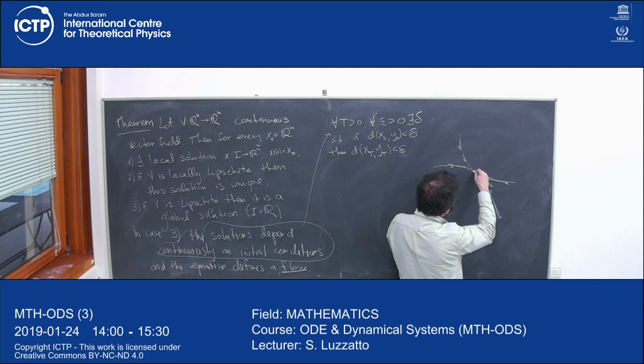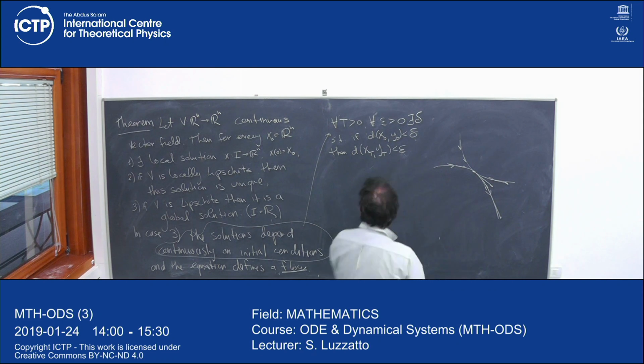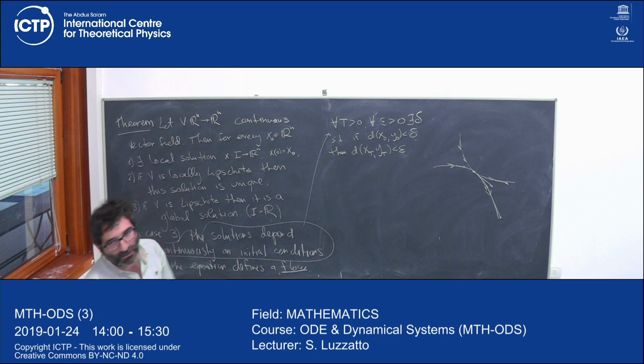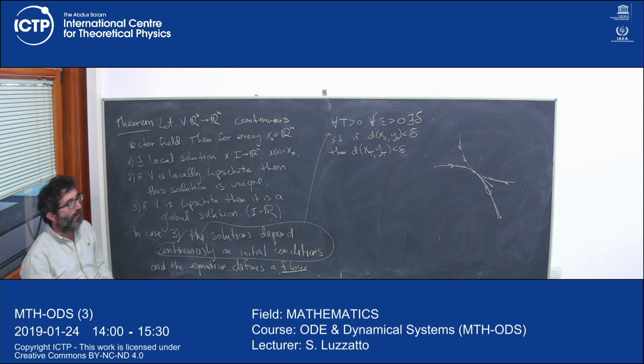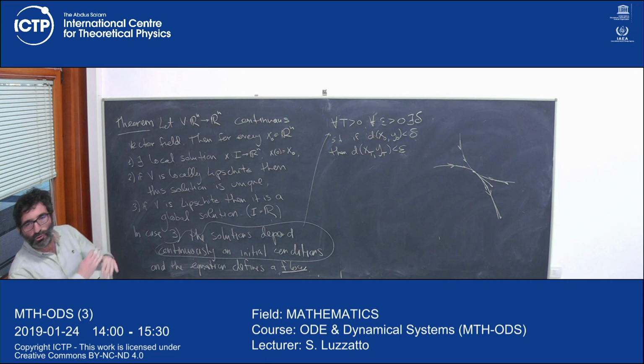How should you know that there can only be one way to continue this curve, tangent to every vector field, right? There's no reason why it should. And in fact, if it's not Lipschitz, it might not be the case, okay? But if it's Lipschitz, then the uniqueness of the solution means that through any 2 points, you never have 2 solutions going through the same point, okay?